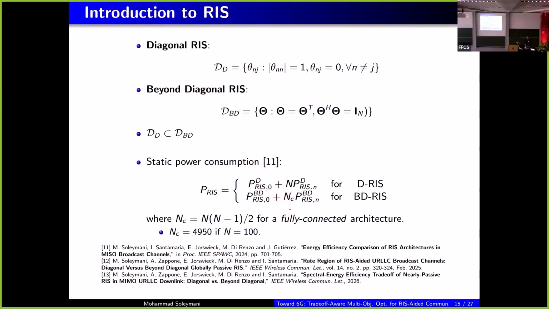Then the number of circuit elements would matter. If you have, for instance, a fully connected case, then the number of circuit elements grows with the square of the dimension of the RIS. Because of that, one price that you may pay would be, for instance, a higher static power consumption.